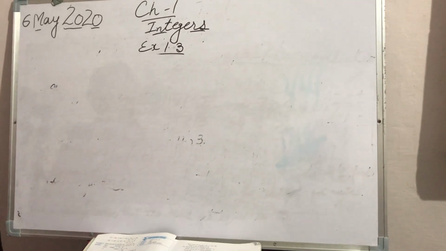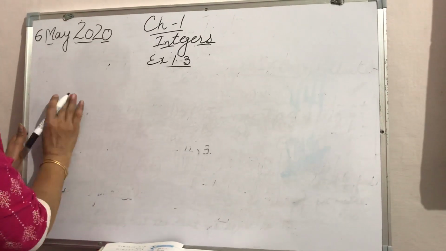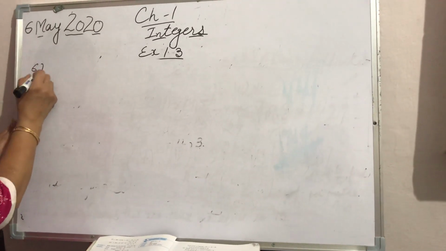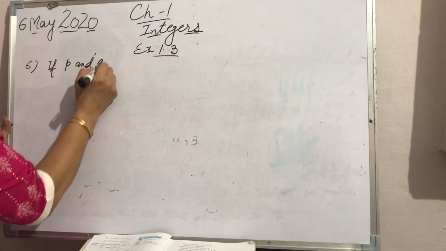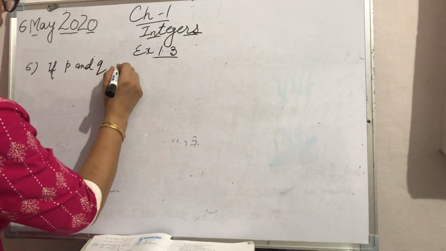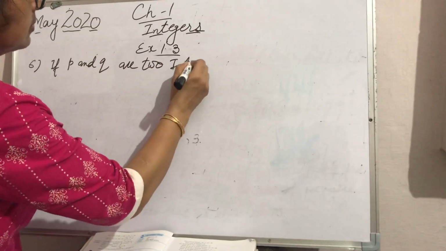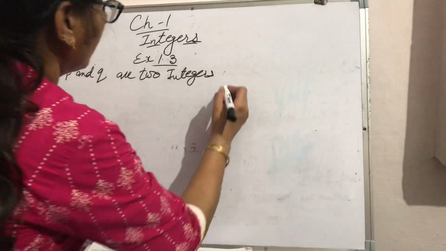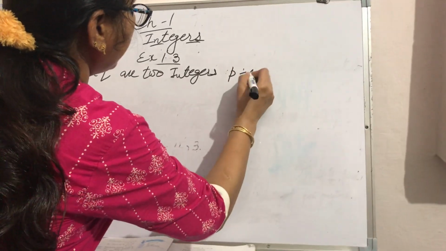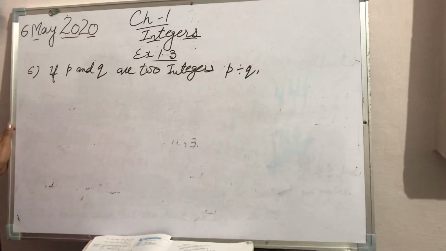And next question number 6. Give 3 examples to prove that if p and q are 2 integers, then p divided by q is not necessarily an integer.